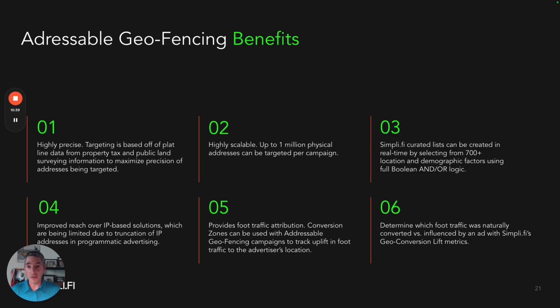So we can do this across lots of different locations, be very precise, and scale it to a lot of addresses. We can do up to 1 million. I've never had a campaign that large, but it's something that's capable within our platform. Again, you can still do footfall traffic, so we can see how many conversions we're getting that are coming to your business. So again, really important to be able to show that return on your ad spend.